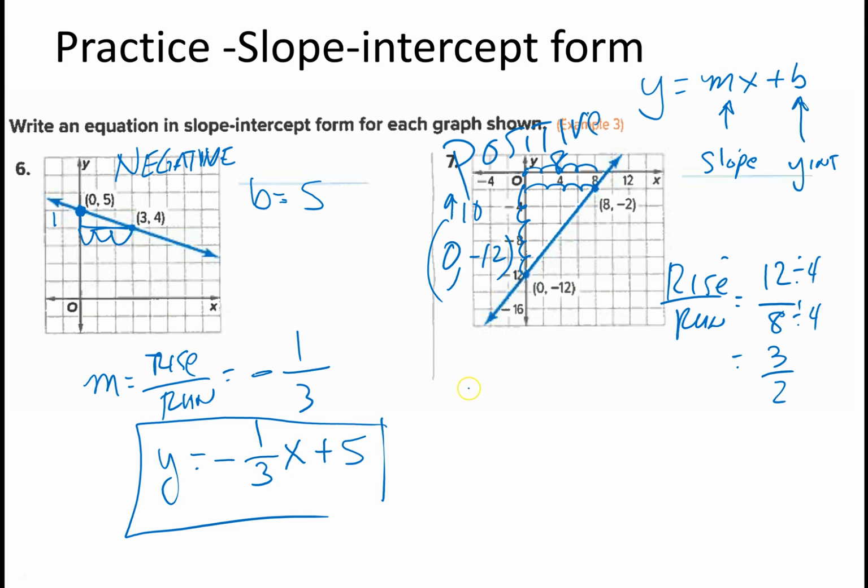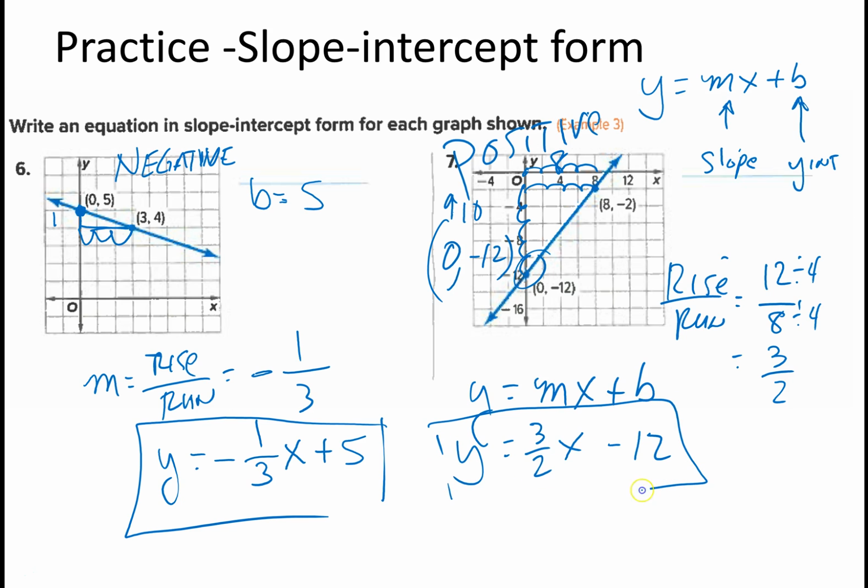So my equation is y equals slope times x plus my y-intercept. I said my y-intercept was -12, and my slope is 3/2. So that's my equation.